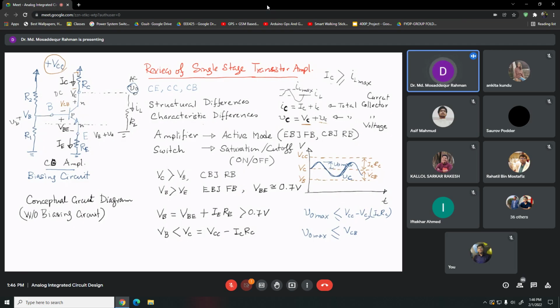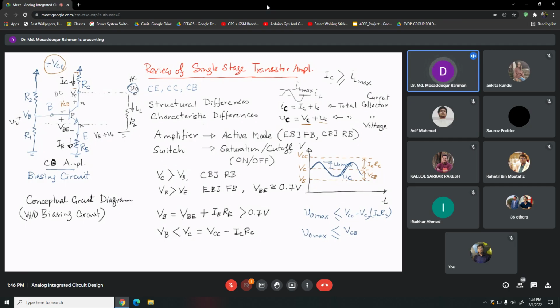So the voltage drop that you need here should be large enough to support the maximum value of your output voltage. So you have to set the DC collector voltage VC appropriately.